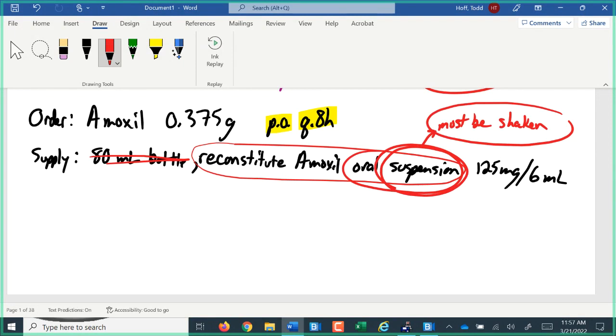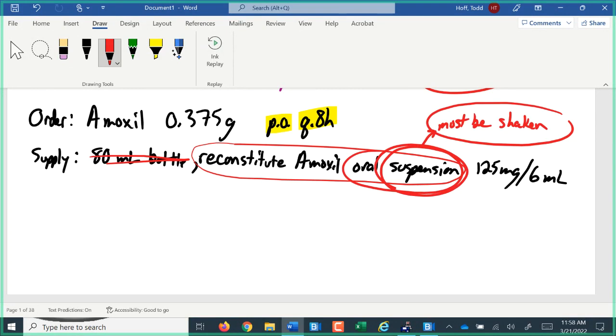In fact, a solution is actually better if you don't shake it. A suspension has to be shaken, and then if you're putting it in a syringe, you load it right away. A solution, if you do end up shaking it by accident, you actually have to let it sit and settle for a minute before you load. Because with a solution, shaking it can actually cause the medication to slightly fall out of solution. Whereas a suspension has to be shaken to get the medication evenly spread throughout the liquid that it is being suspended in.